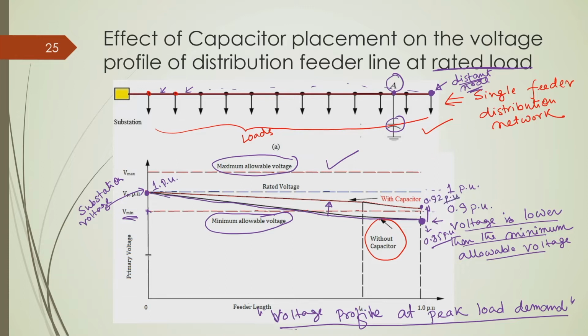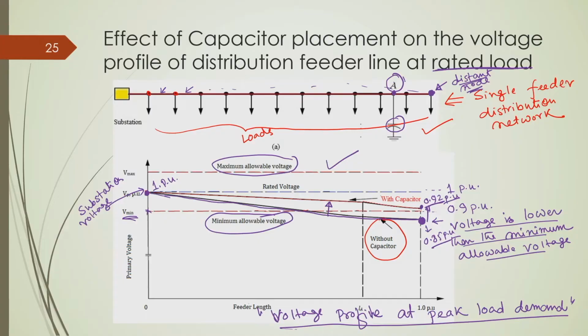So, I can say that with this capacitor placement I improved the voltage of that particular node, which was suffering from under voltage problem, to an allowable voltage. And that is the purpose of the capacitor.